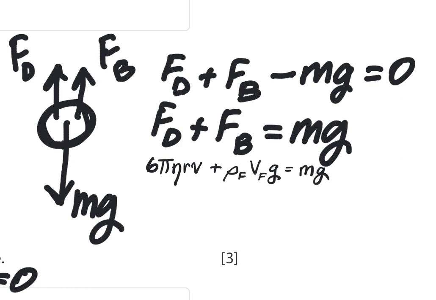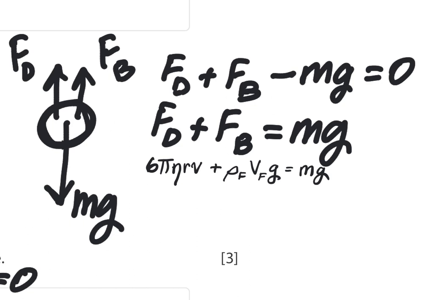The drag force is given by the data booklet as 6 pi times viscosity times the radius of the sphere times the speed, the terminal velocity, which is what we're looking for. The buoyant force on the sphere is the density of the fluid times the volume of the displaced fluid, which would be the volume of the sphere, times g, also from the data booklet. And mg, of course, is the weight of the sphere.